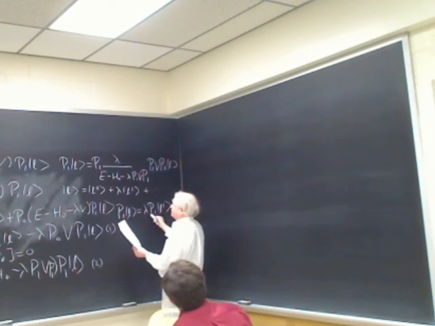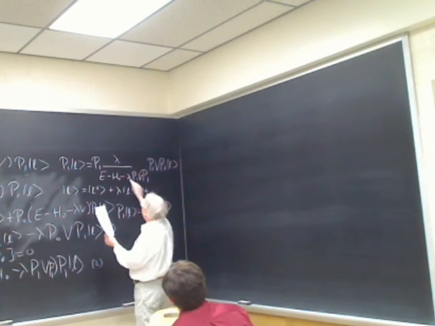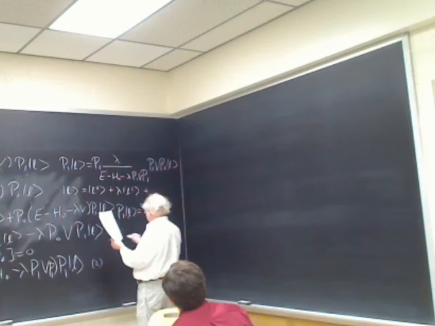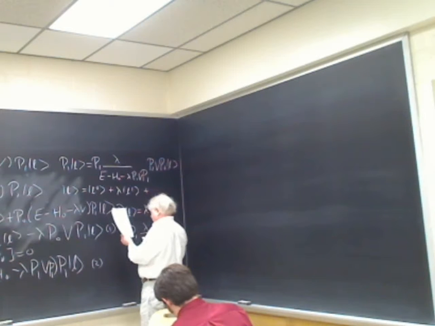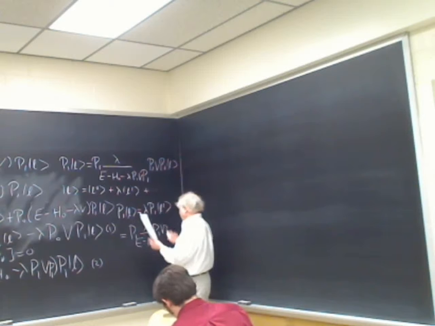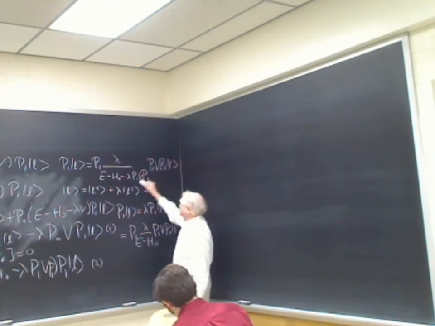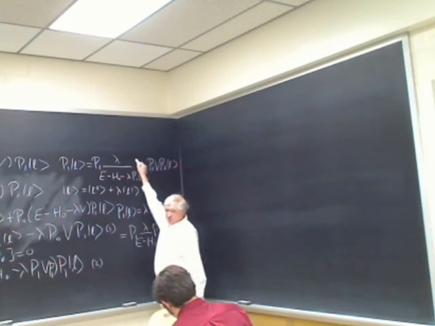And P1 L1 is effectively then, from this equation, P1 lambda over E minus H0 P1 V P0 L0. So we keep this, but we're going to toss this out because this would only contribute order lambda squared.